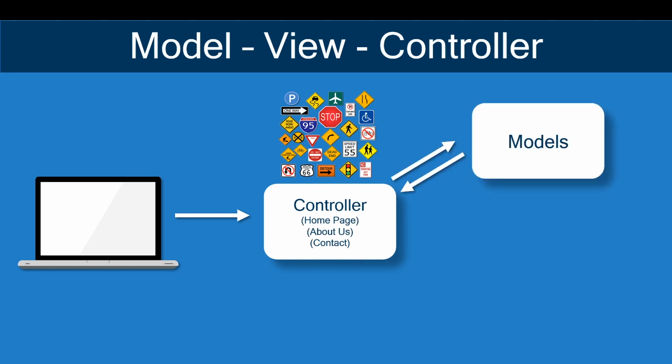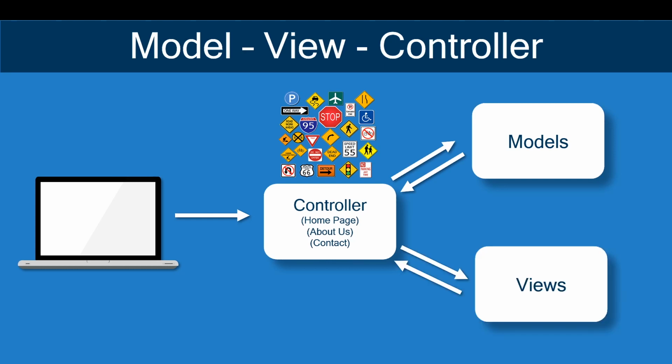It will first ask the models for the right content. The models will then assemble the page content, and then the controller would ask views for the layout, and then it will return this assembled page back to the client.